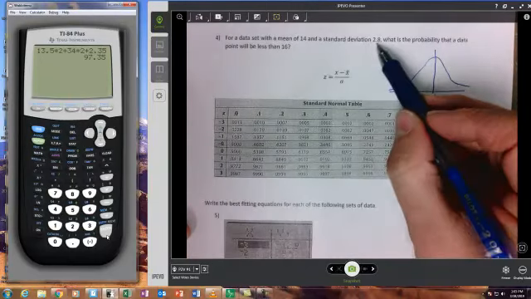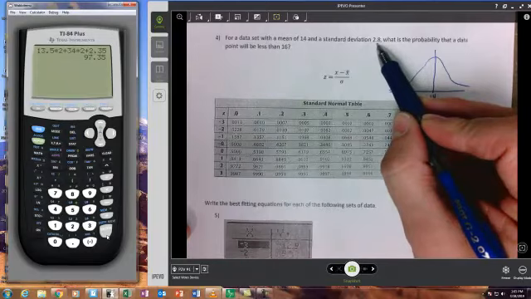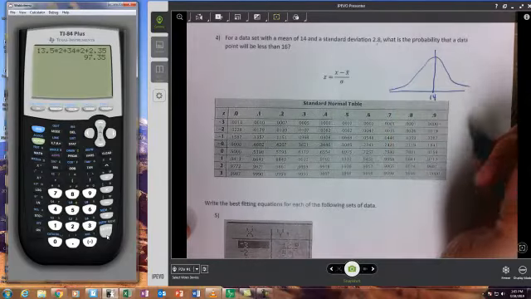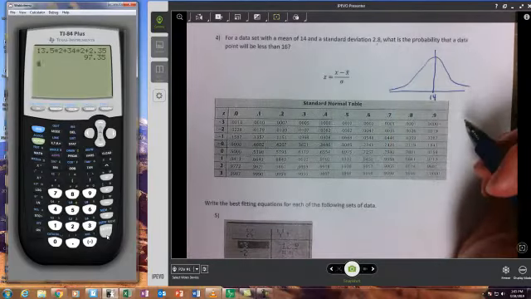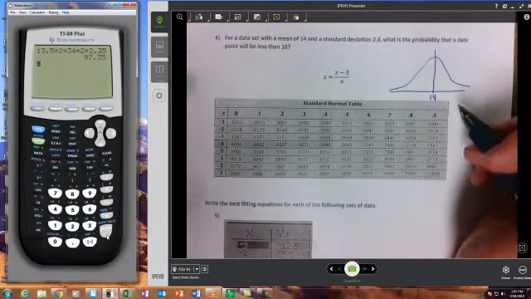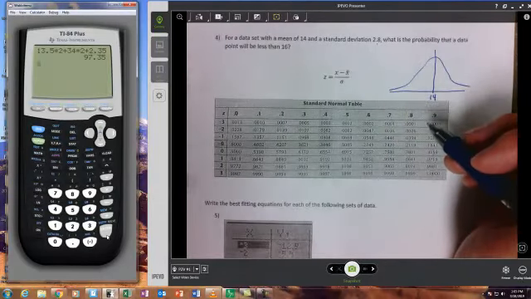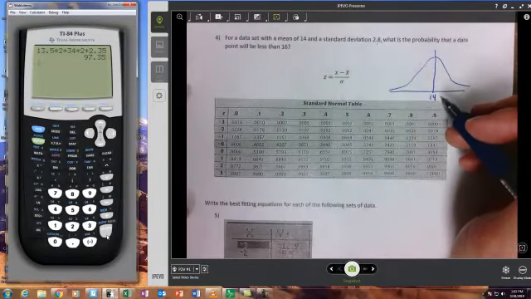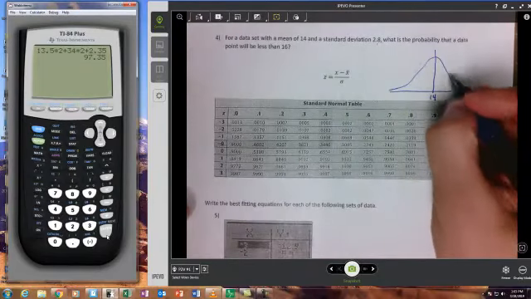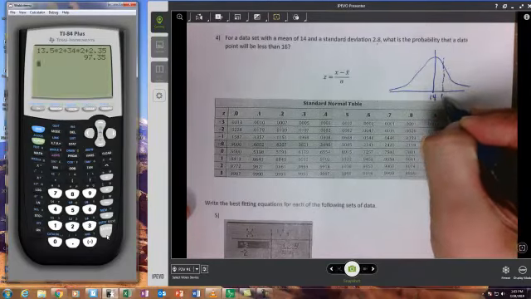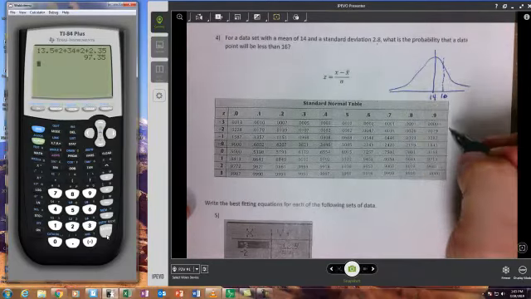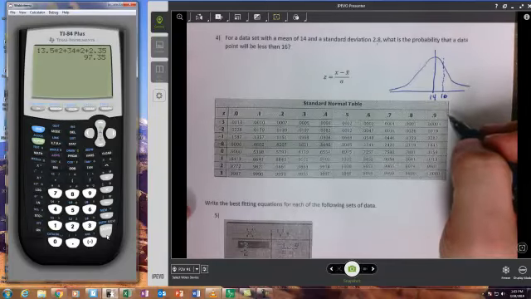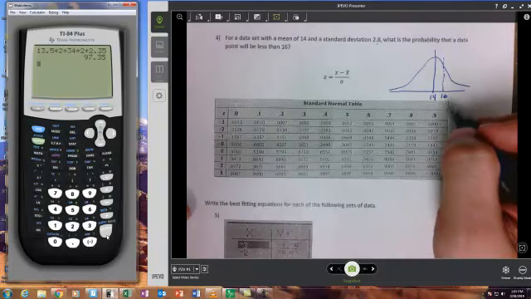The standard deviation is 2.8, which means to get to the next cut line on the front page, I'd have to go over 2.8 to 16.8 or down 2.8 to 11.2. I'd have to go one way or the other by that size. The problem is the number we're being asked about is 16, which is not exactly one standard deviation or 2 or 3. It's less than 1 standard deviation.